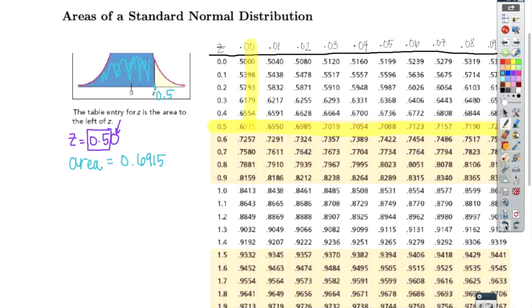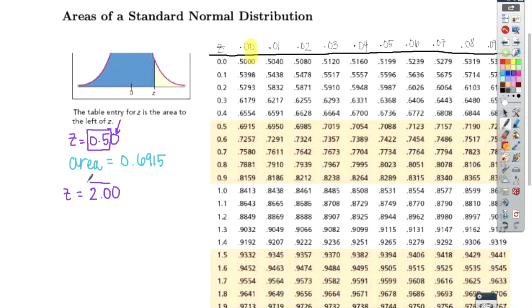Now, the second value that we're talking about was z equals 2. So let's start this process over. Let me just erase this mess that I made here. We're finding the area for z equals 2.00.